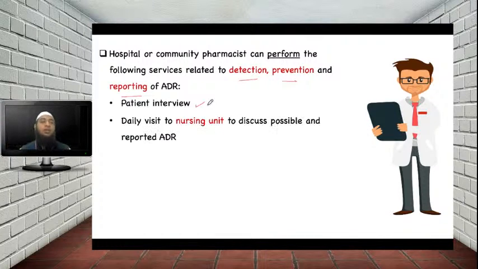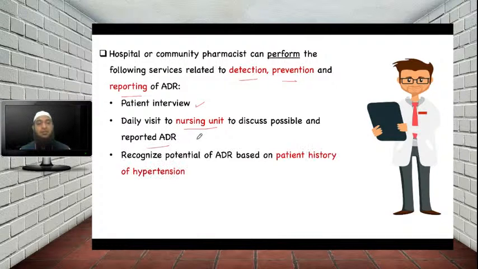Okay, so the patient interview, then a daily visit to the nursing unit to discuss possible and reported adverse drug reactions. Likewise, recognize the potential of ADR based on patient history of hypertension, because many a time the patient suffers from an adverse drug reaction if he has hypertension. We have seen that many drugs produce hypertensive crisis, right?